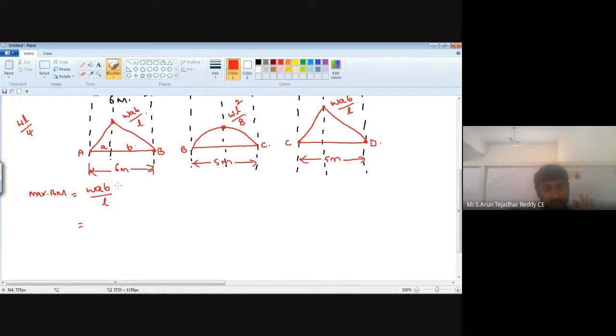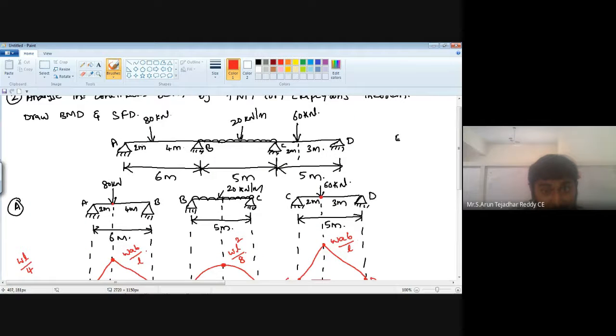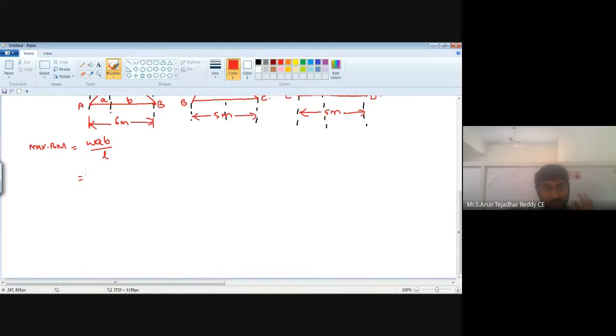It means W is, what is the load of the first beam? 80 kilonewton. 80 into A is 2 meter, B is 4 meter, by 6. Now what about the value here? All of you do the calculation in your calculators.